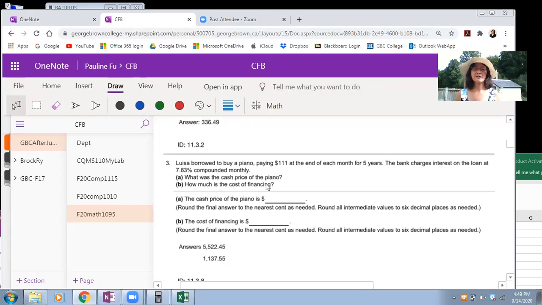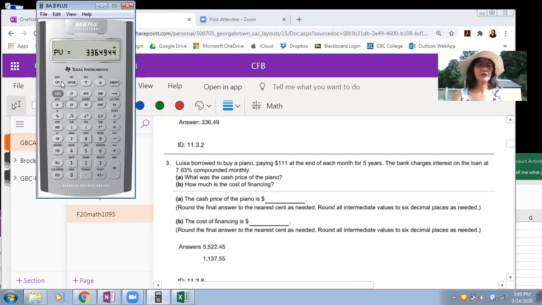The bank charges interest on the loan at 7.63% compounded monthly. Question A, what was the cash price of the piano? Question B, how much is the cost of financing? Okay, so this one is similar to the question we just did, question 1. So I'm going to go fast, okay? So calculator lesson.